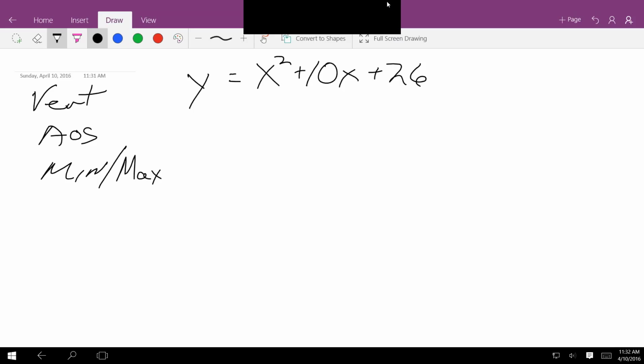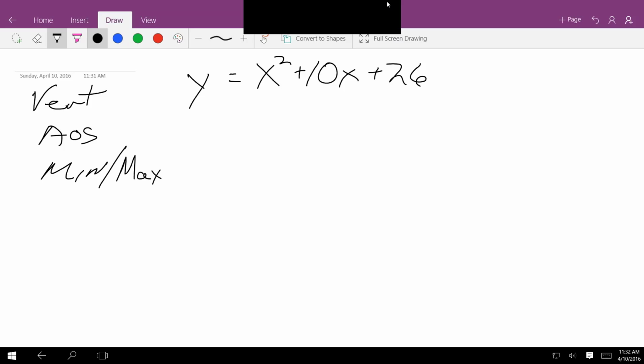Probably the easiest method is minus b over 2a, which gives you the x coordinate of the vertex. Then, once you plug that in, you get the y coordinate of the vertex. The other way is to put it into vertex form, which involves completing the square. That's probably the easiest way in this case.